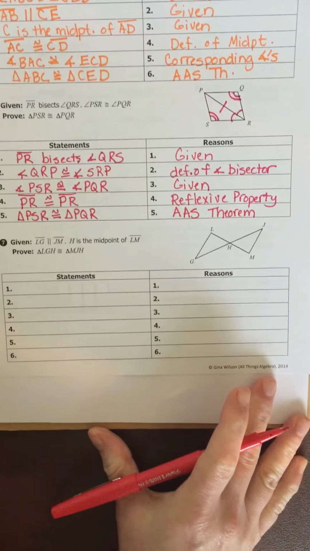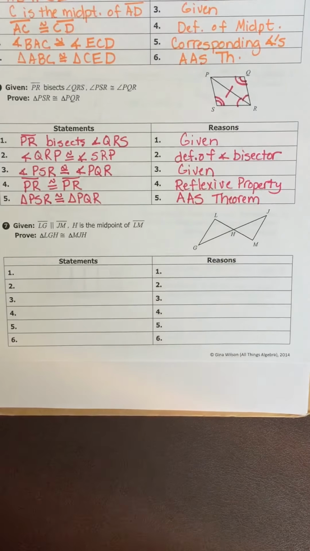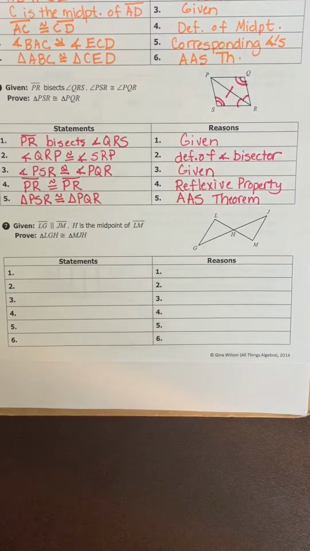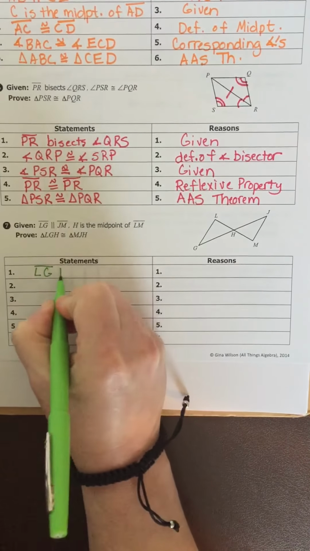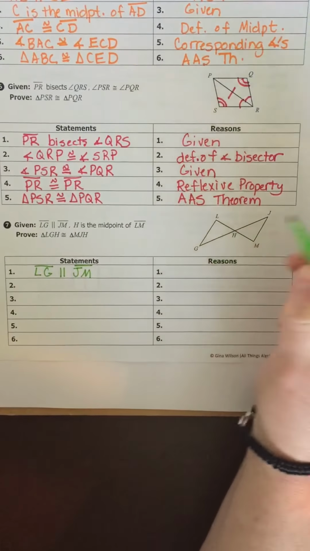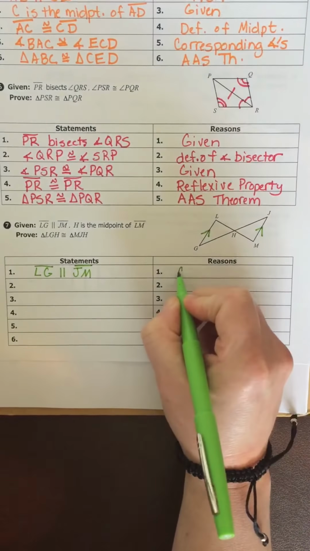All right, one and done here. Lime green. All right, LG is parallel to JM. So LG is parallel to JM. Draw my happy little arrows. That is given.